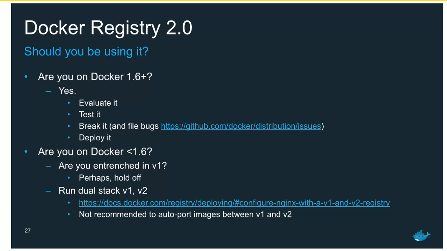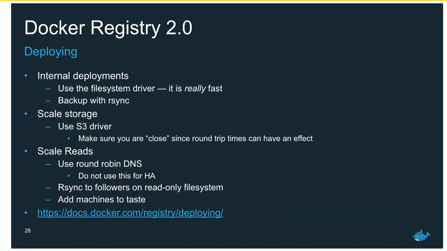Some people have asked to be able to port V2 and V1 images back and forth, but I'd recommend not attempting to do that. There's a lot of problems with keeping that data in sync, and it's a lot of operational effort that probably won't be worth it in the long run. You can get more information at that link and through the project. You can ask questions on the mailing list if you're curious.